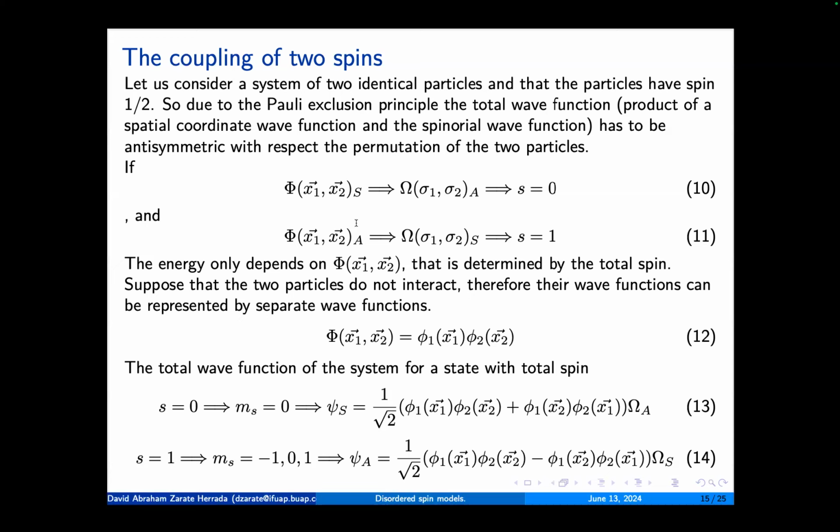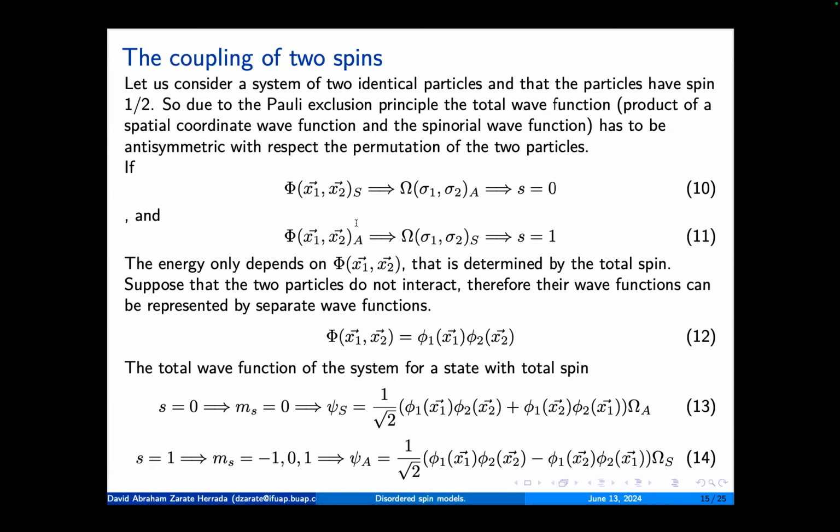How do you say vice versa? Vice versa, right? If our spatial wave function is antisymmetric, the function with the information of the spins must be symmetric.